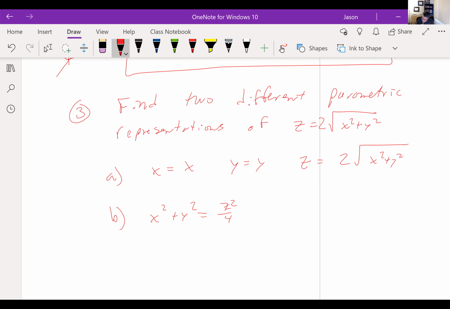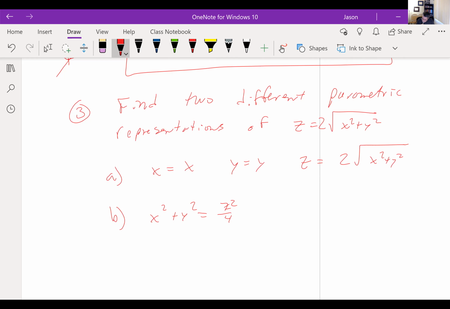Today's topic is parametric surfaces and their areas. Okay, so we have some sort of surface, and we want to parametrize this surface.